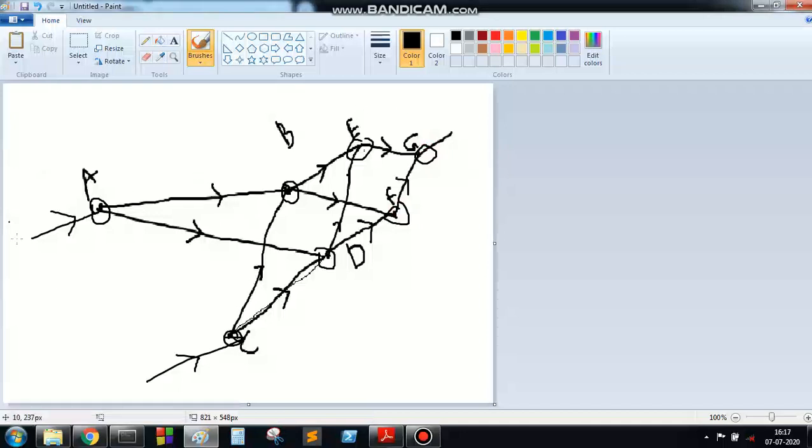Let's come to a particular graph which we are going to create for our first TensorFlow example.